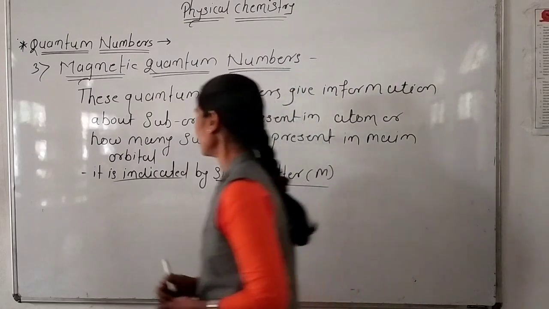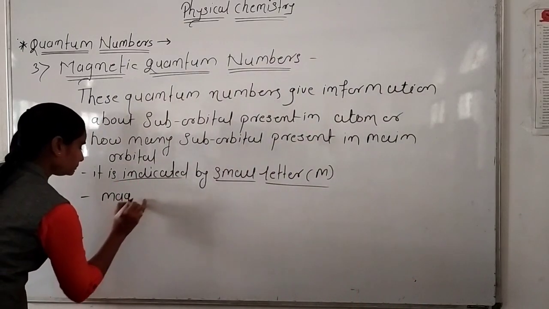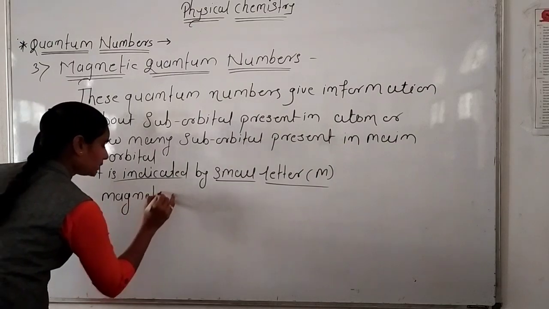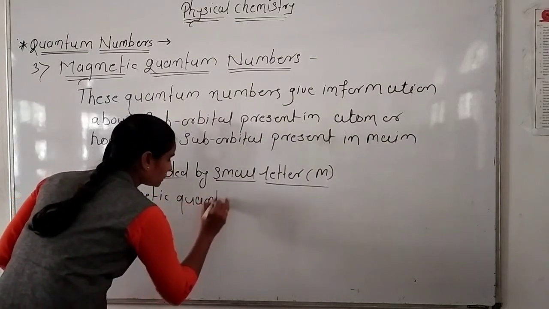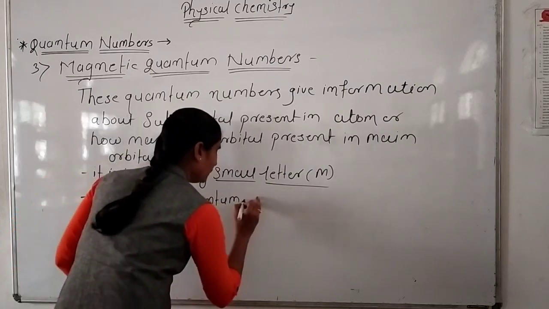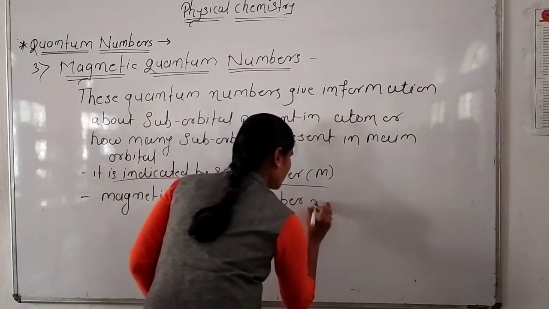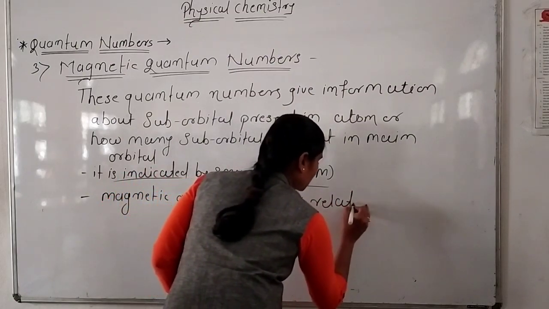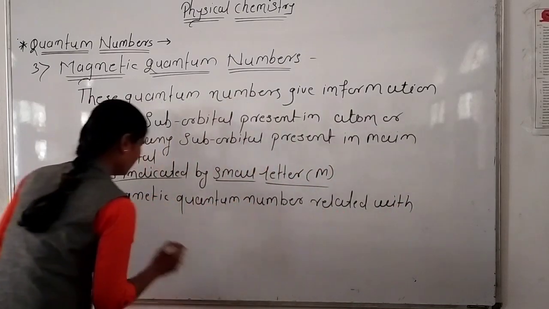The magnetic quantum number is related with the azimuthal quantum number.